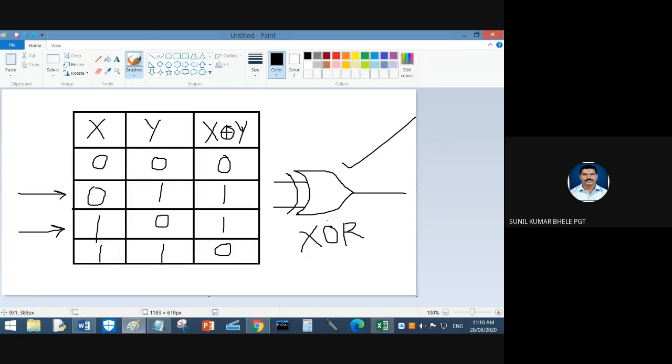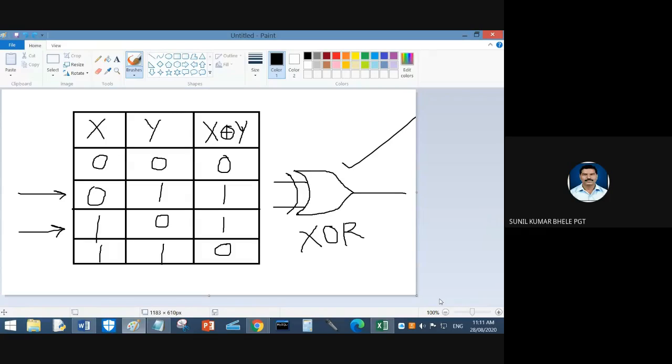I hope you have corrected the symbol. No NOT gate is there in the exclusive OR gate, because if you put a NOT gate here, it becomes an exclusive NOR gate. Not an OR gate, an exclusive NOR gate.